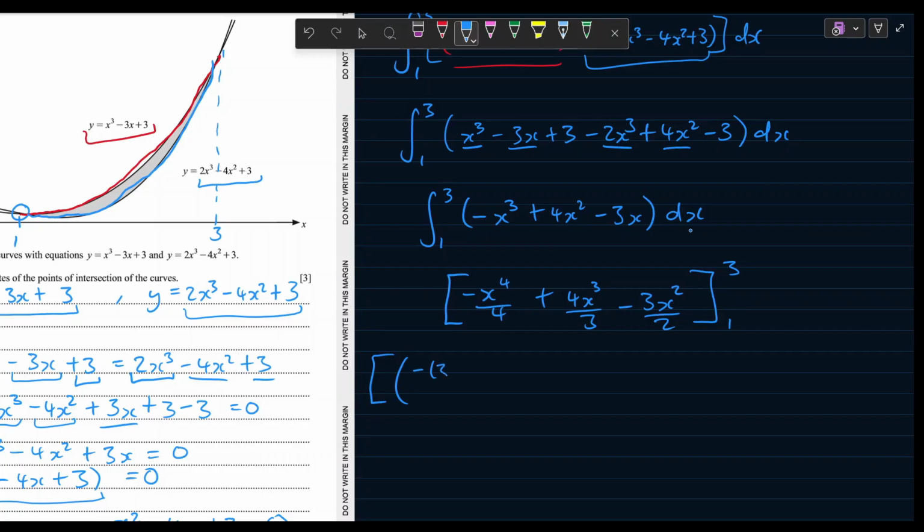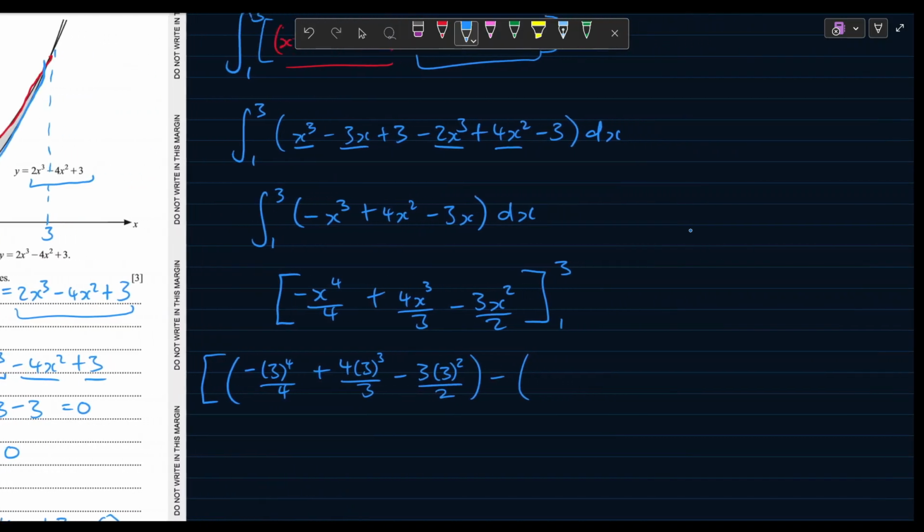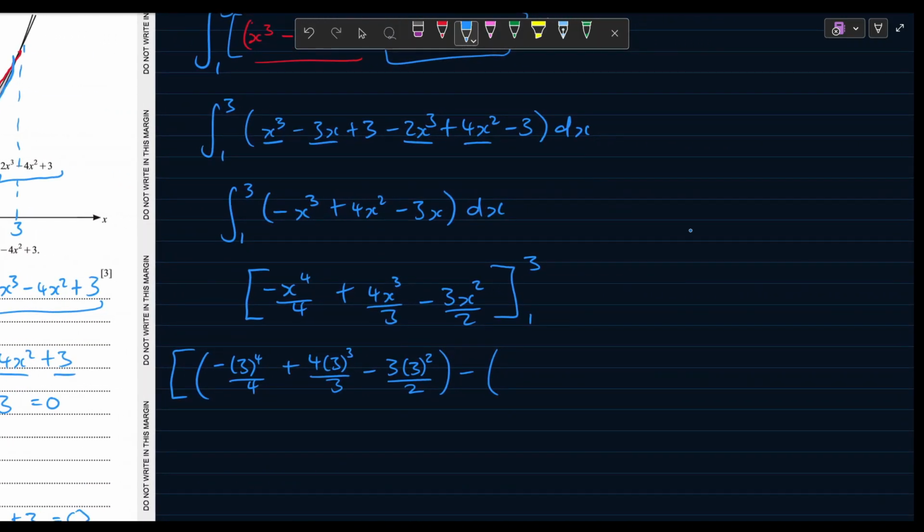So we've got negative 3 to the 4 over 4 plus 4 times 3 to the 3 over 3 minus 3 times 3 squared over 2, minus, and this is going to be the lower limit, 1 to the 4 over 4 plus 4 times 1 to the 3 over 3 minus 3 times 1 squared over 2.